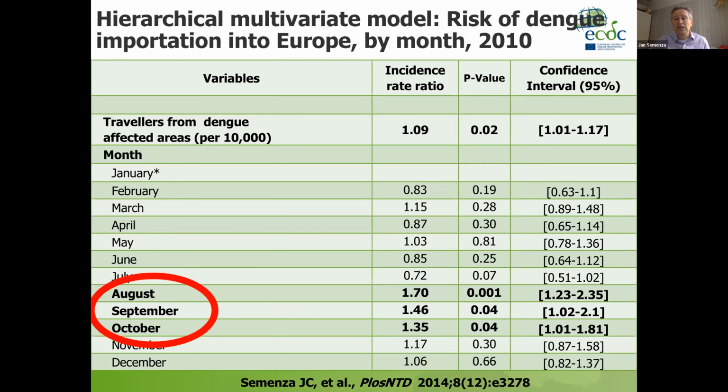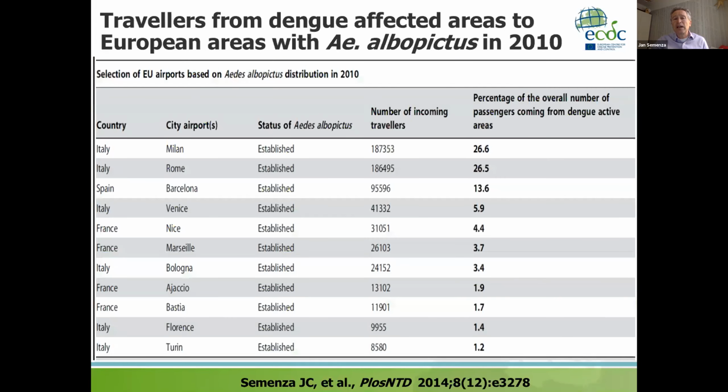We also can analyze the risk at airports, and here we looked at the European airports and the passenger volume coming into these airports, and you can see that more than 50% of the risk arrives in 2 Italian airports where the Asian tiger mosquito is present, and at the time in 2010 that was Milan and Rome.